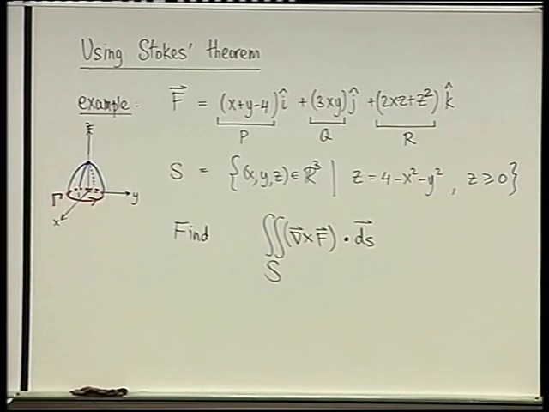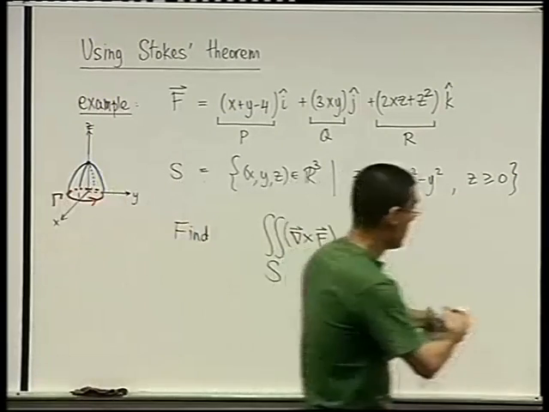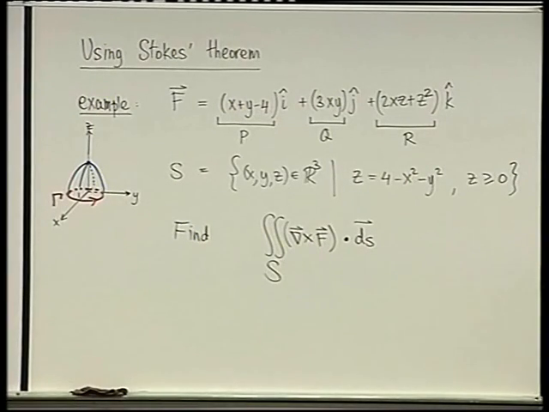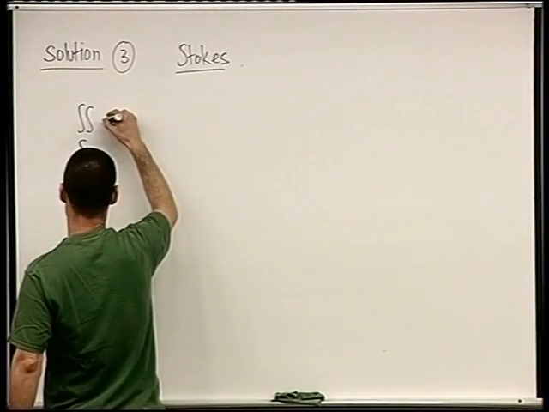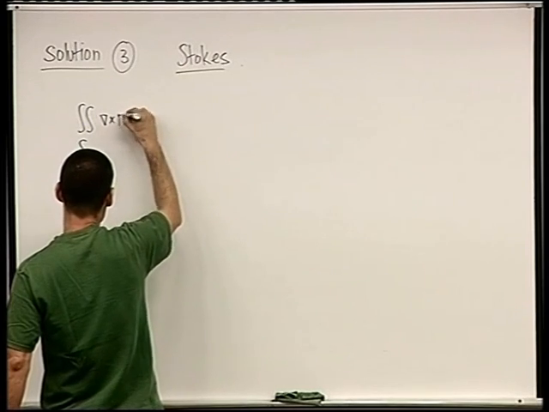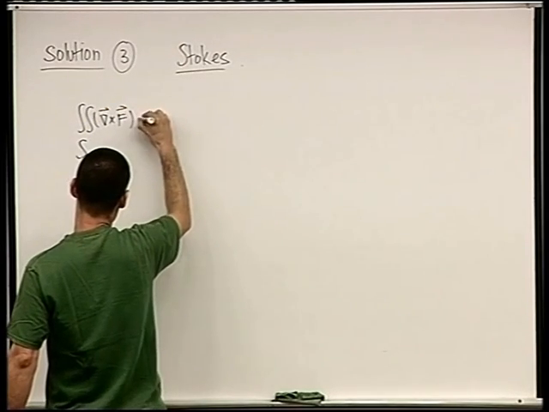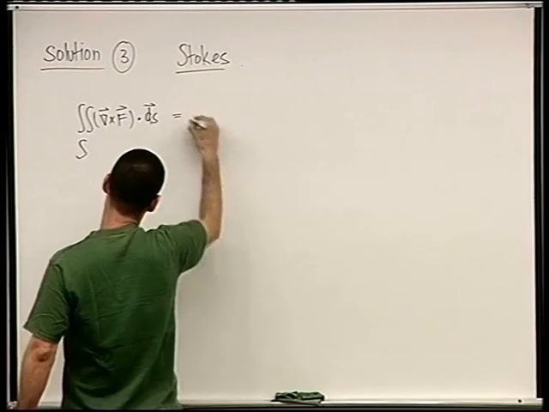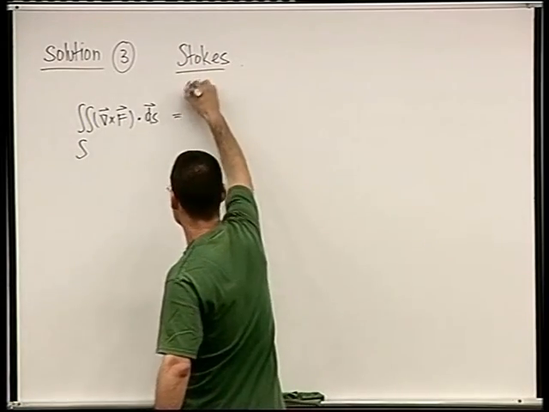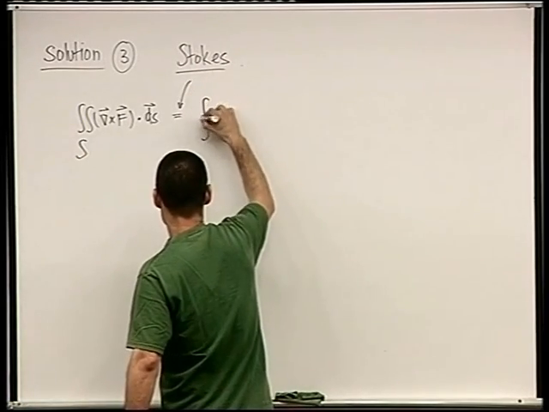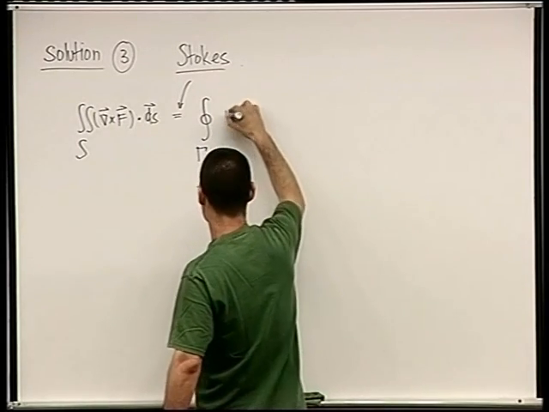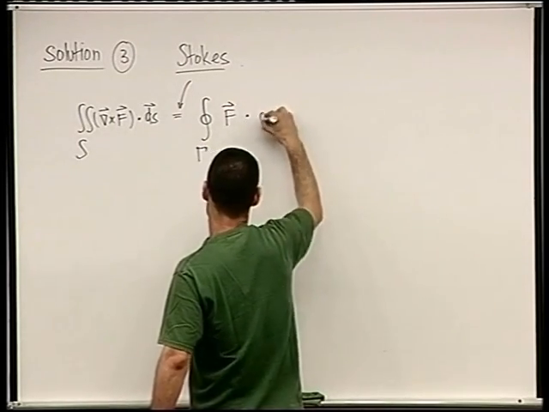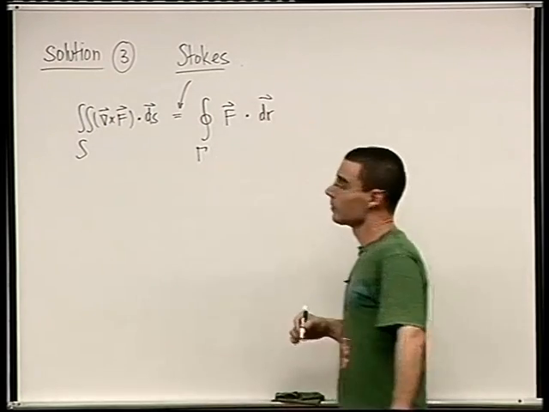Using Stokes' theorem, the surface integral over the surface S of the curl equals the line integral over the closed curve gamma of the original field dot dr. Is this clear?